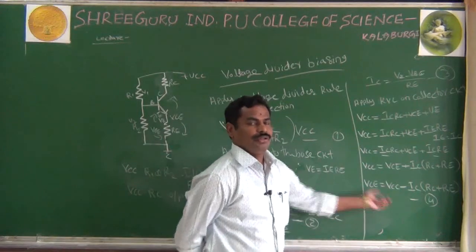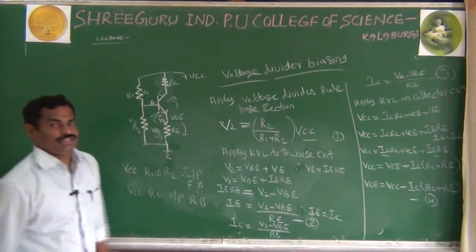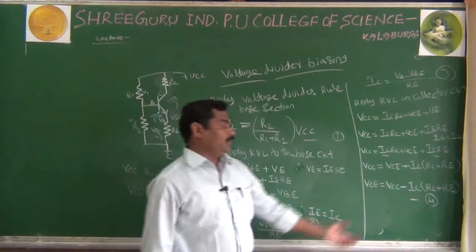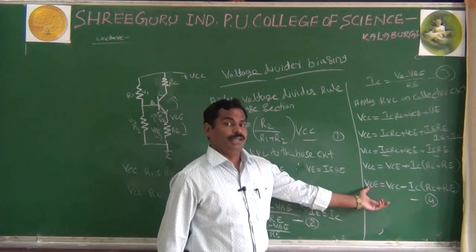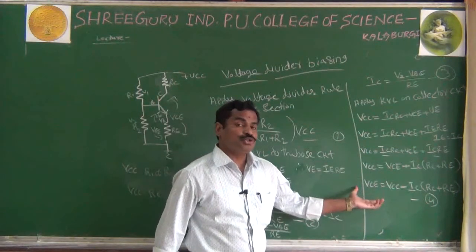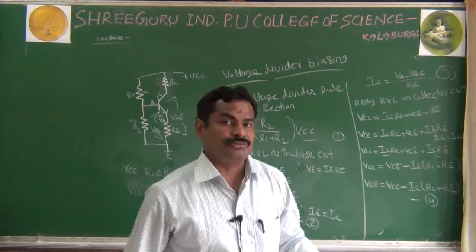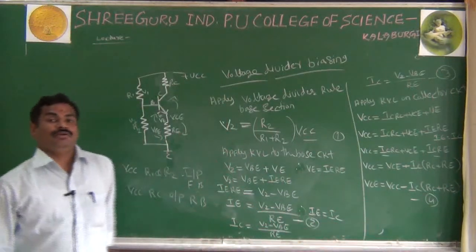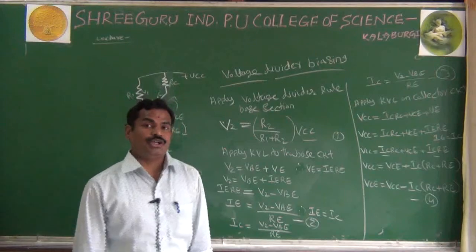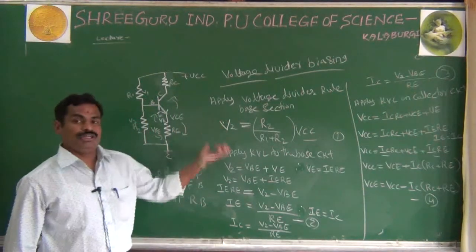It means the voltage divider biasing is independent of beta. It means if the beta changes, your Q point should still be in the middle of the active region. That's why we want stability in the Q point. The stability in the Q point is given by your voltage divider biasing.